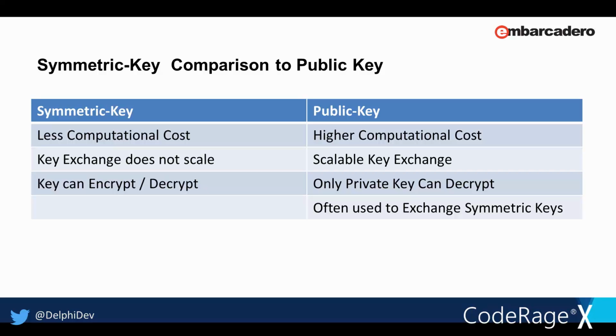What PGP does is internally encrypt a symmetric key using their public key. So it's actually encrypting the data with the faster version. It generates a random key, and then stores that under the public key. So basically, the public key is used to exchange symmetric keys.